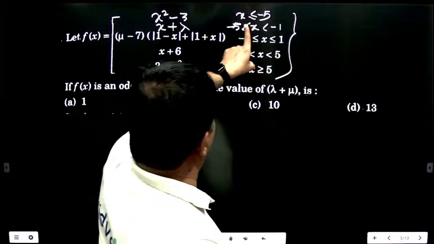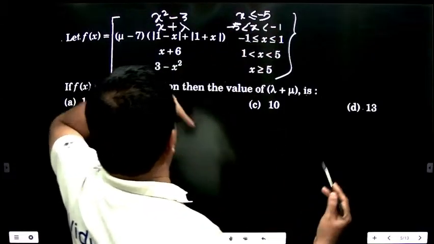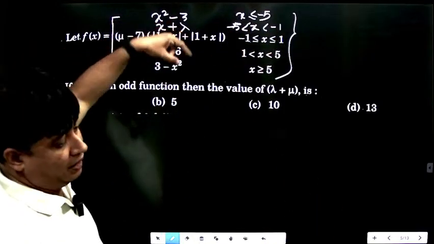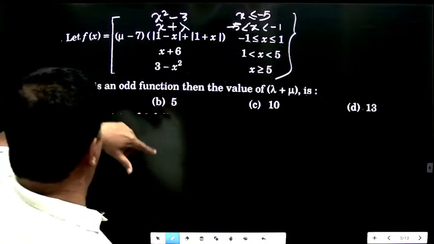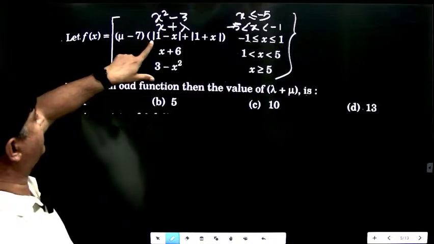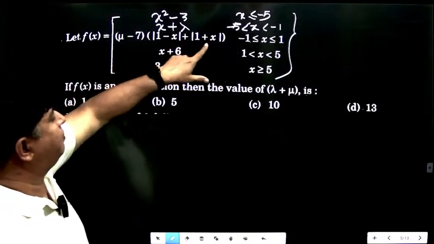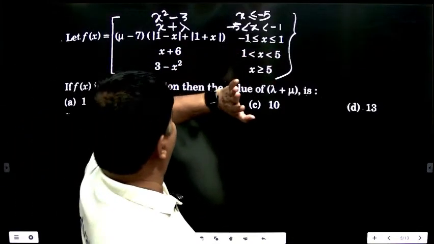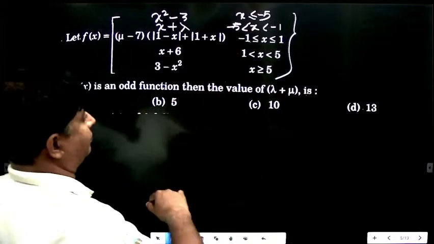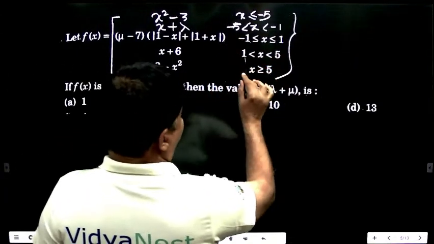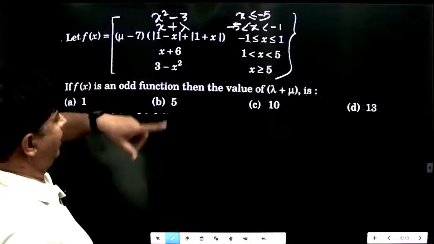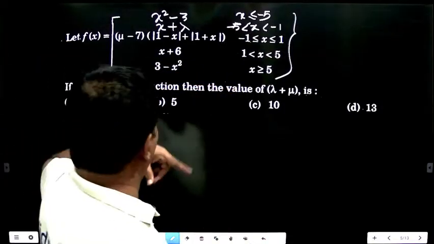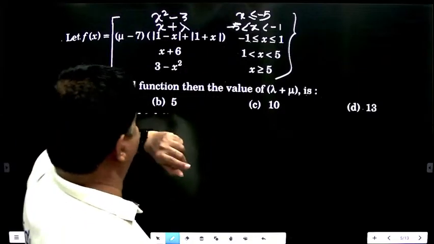When x lies between -5 and -1, next interval, f(x) is x plus lambda. When -1 to +1, next interval, f(x) is mu minus 7 mod (1 minus x) plus mod (1 plus x). Then if you skip to the next interval, f(x) is x plus 6, and the last interval, greater than 5, f(x) is 3 minus x square.